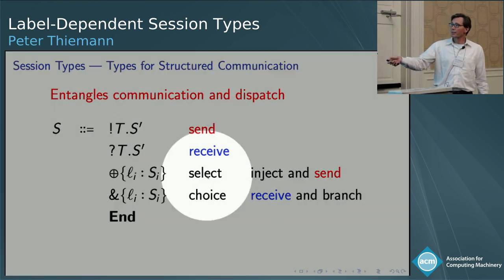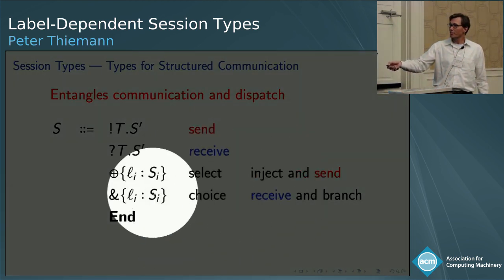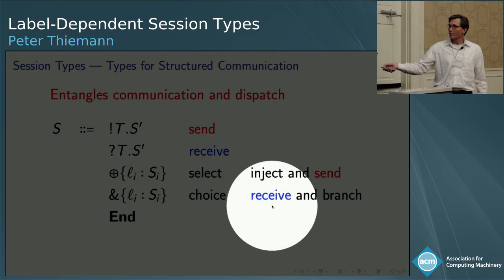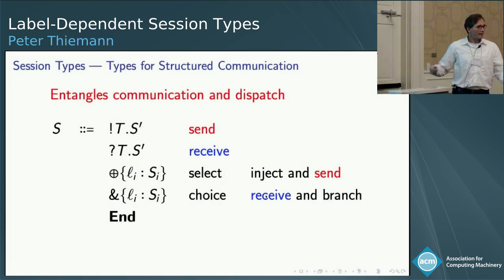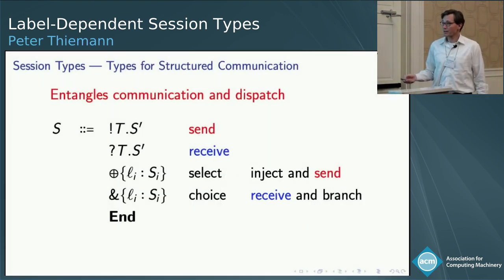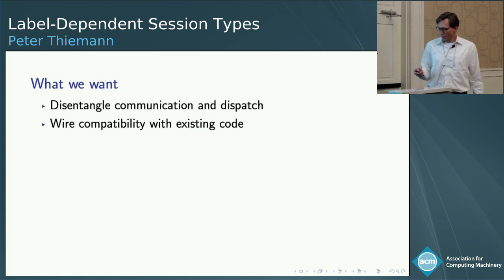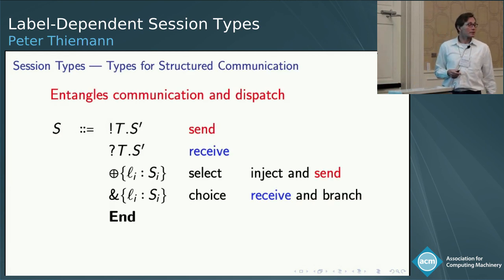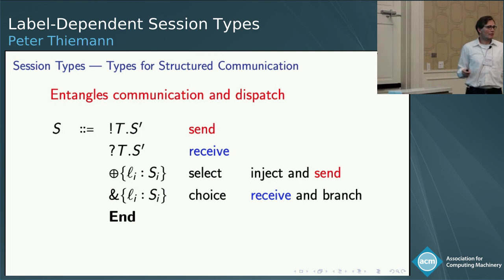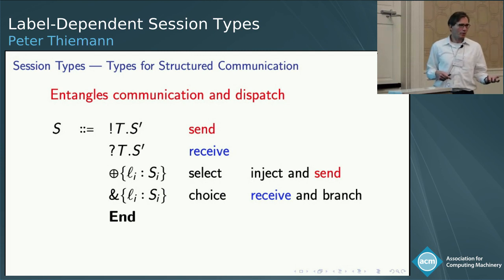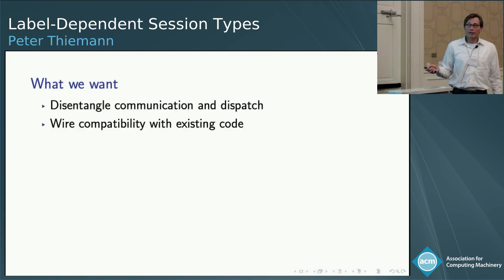Similarly, here the plain receive and the choice operation, both of them are receiving something, but the choice operation does some extra work. So you can see that there is some sort of entanglement going on where communication and the dispatch on the value of the communication are mixed up together.